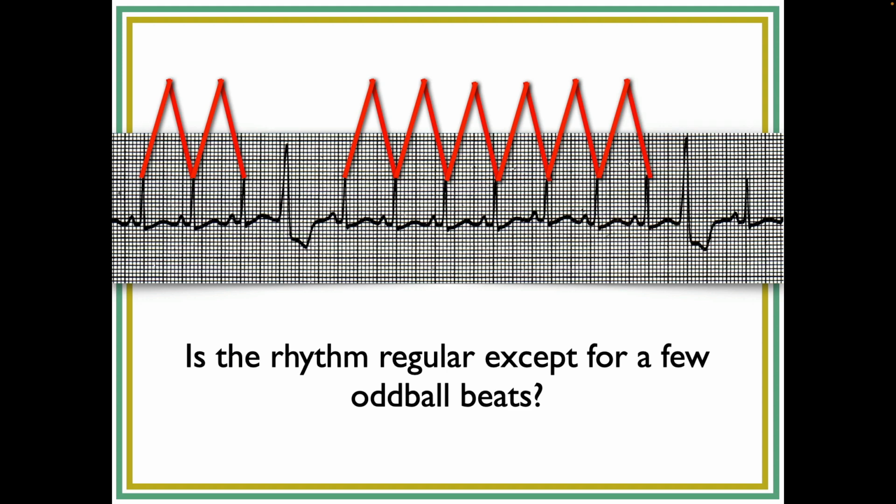We seem to have these oddball beats that don't follow the pattern. They don't march out regularly, and in this particular case, not only that, they look different. So that's another way in which the strip can be irregular.